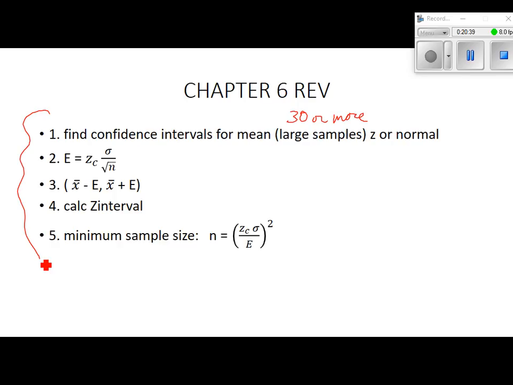Or if you're looking at your charts, this is the normal distribution chart. So make sure you got all three of those charts. You can also use this if you're 30 or more, or if you know the standard deviation for the population. Those are the times when you use that, the first thing that we did.